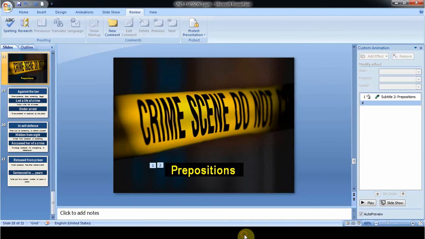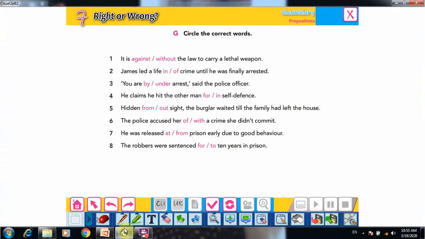Okay, so let's return back to our student book or close-up book. It is against the law to carry a lethal weapon. So it is, we said it, against, yes. James led a life of crime until he was finally arrested for the crime. You are under arrest, said the police.